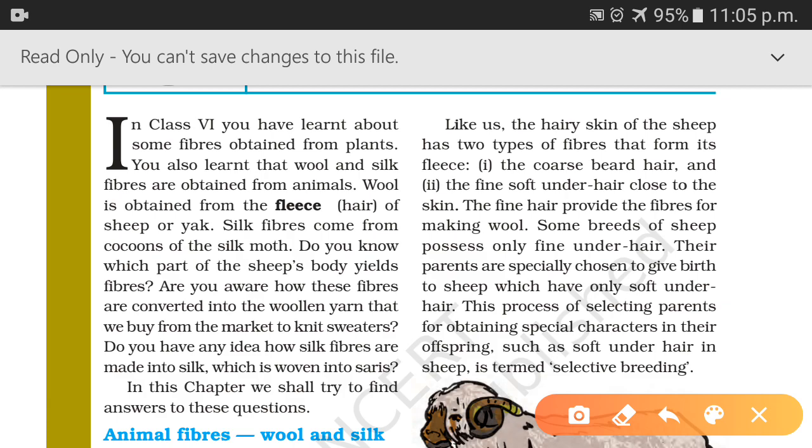Now the fine hair provides fibers for making the wool, and some breeds of sheep possess only fine under hair. Their parents are specially chosen to give birth to sheep which have only soft under hair. This process of selecting the parents for obtaining special characters in their offspring, such as soft under hair in sheep, is termed as selective breeding.